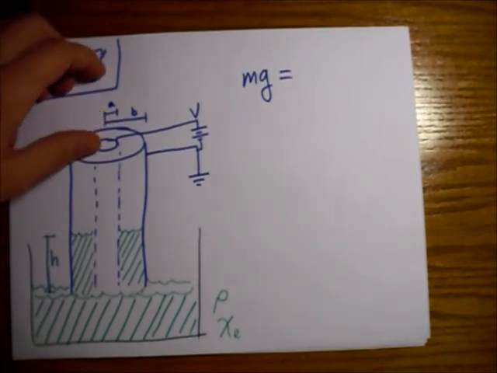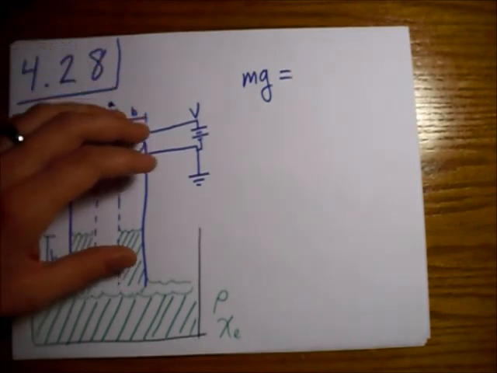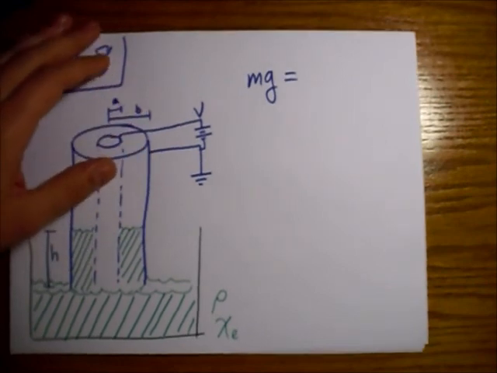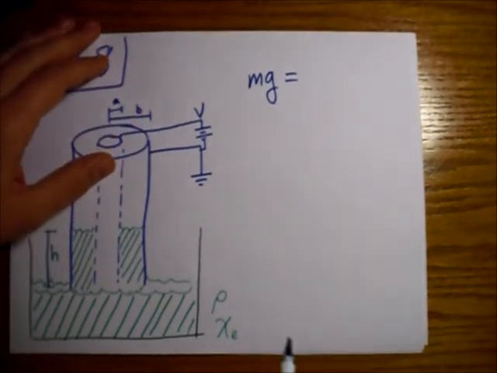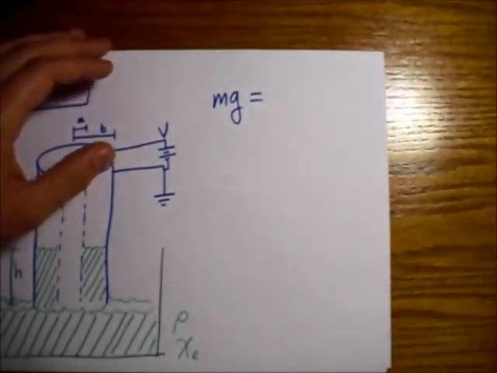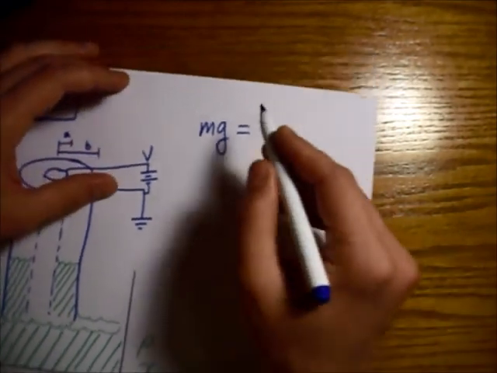to, I'm going to use, what is it? It's equation 4.64. I'll put that at the beginning of the video. This is the electrostatic force on the dielectric as it comes into a capacitor.